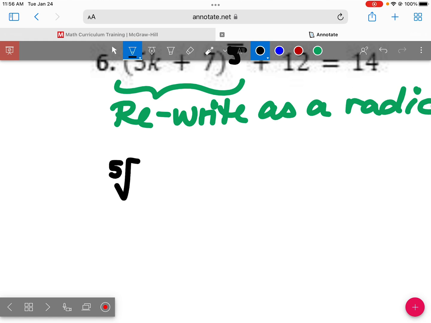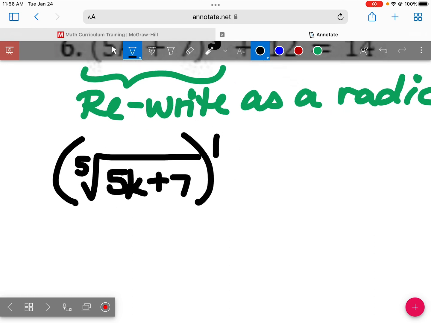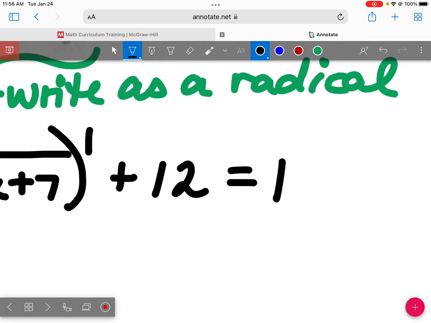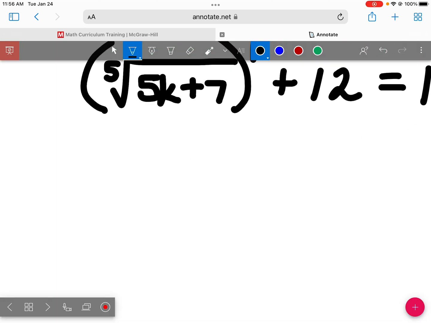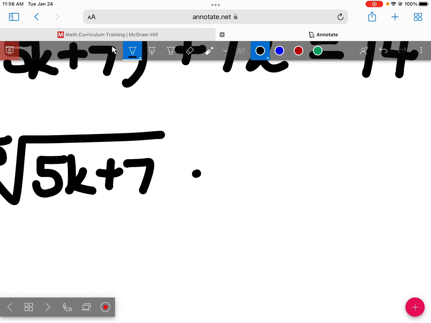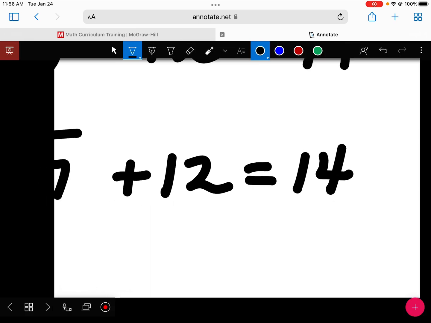So I have the 5th root of 5k plus 7, all raised to the power of my numerator, plus 12 equals 14. So the 5th root of 5k plus 7 plus 12 equals 14.